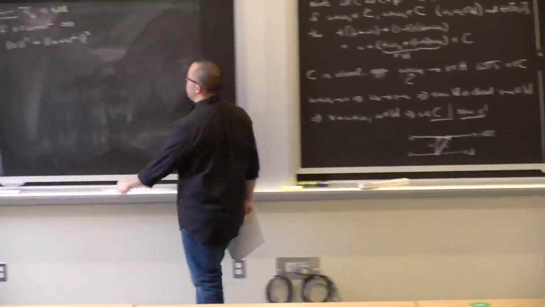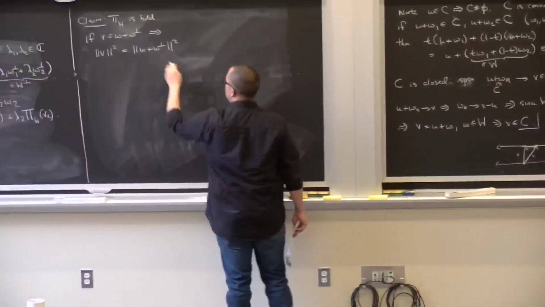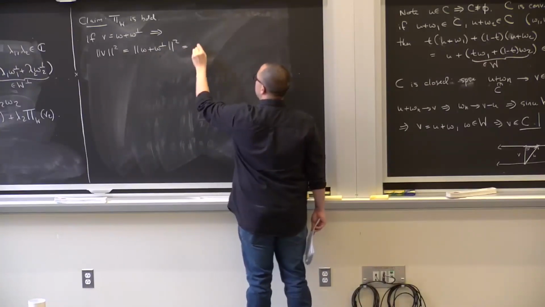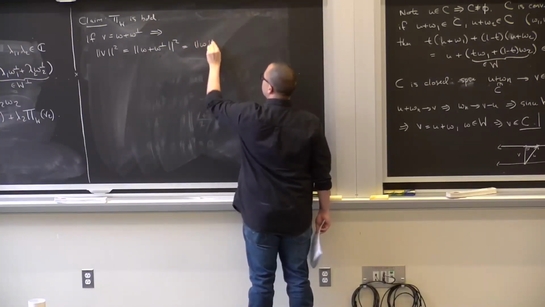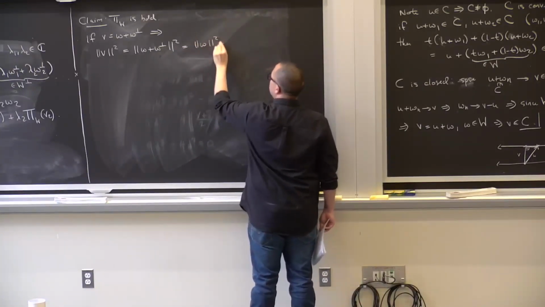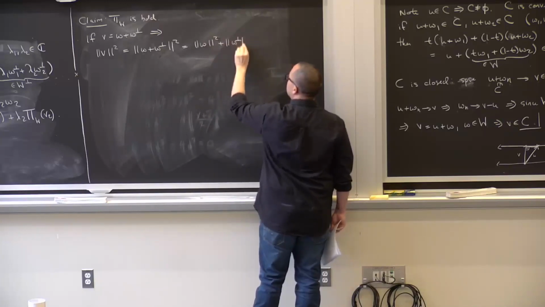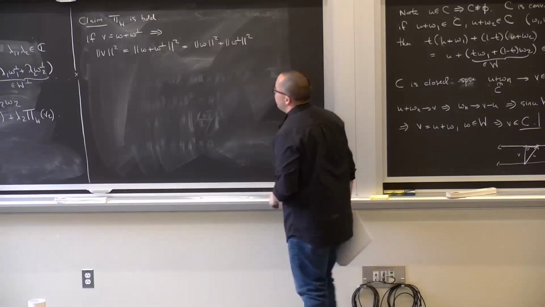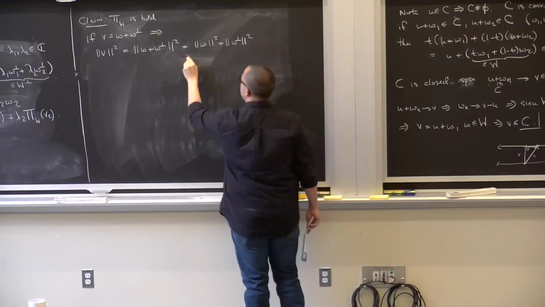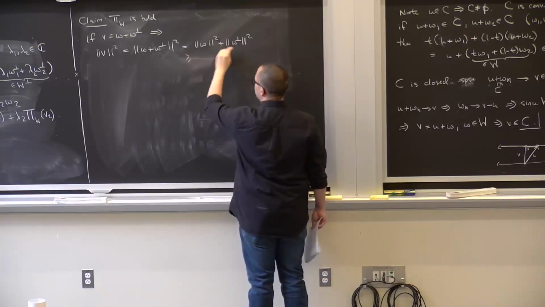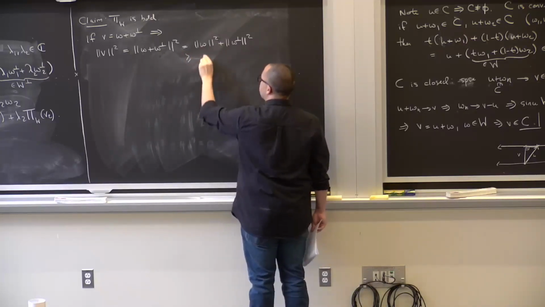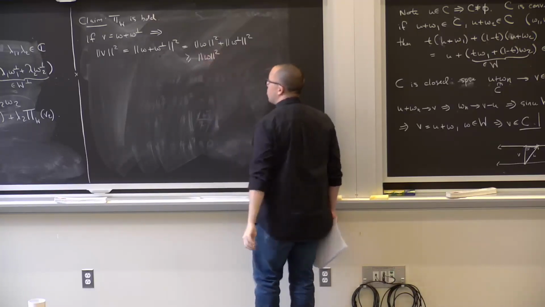Plus 2 times the real part of the inner product of W with W perp, but that's 0, so I just get the sum of the norms, and since it's a sum of two non-negative things, that's bigger than or equal to one of them, which is norm of W squared.